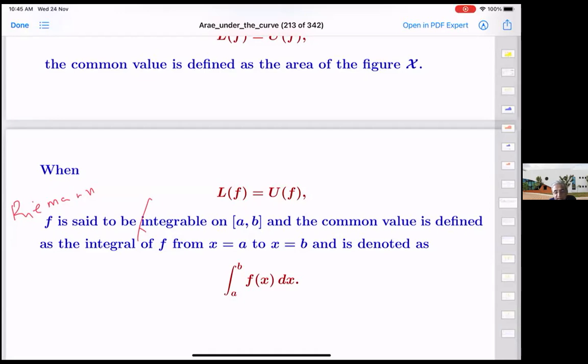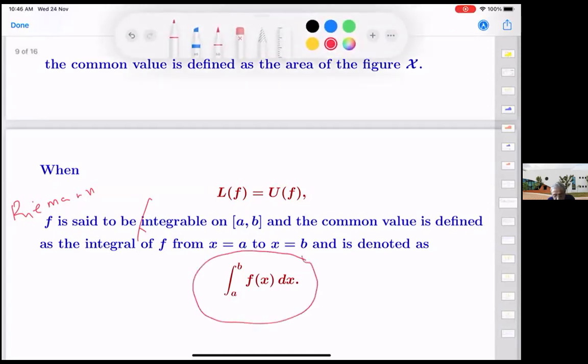Suffice to say that if our function f is a continuous function on a closed bounded interval, so the function is also bounded, in which case all the notions of integration which have been debated and discussed agree.